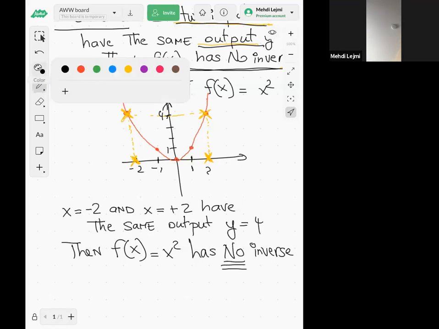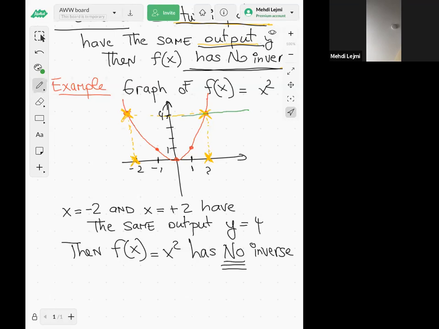Here, this horizontal line means that my output y is equal to 4. If my horizontal line with output 4 intersects the graph at 2 points, at this point and this point, it means that my output 4 has actually two possible inputs, okay?